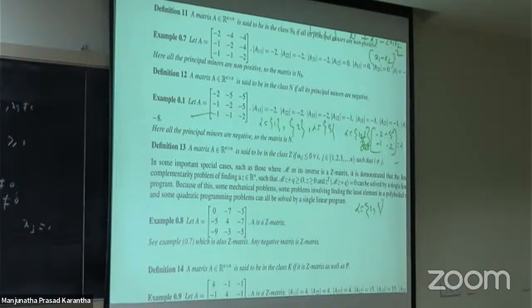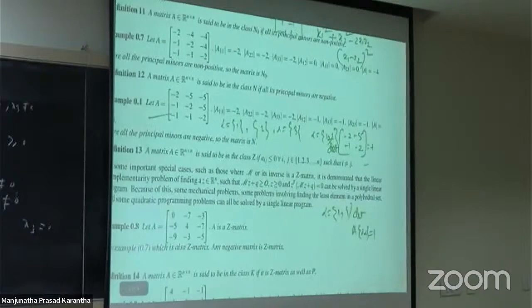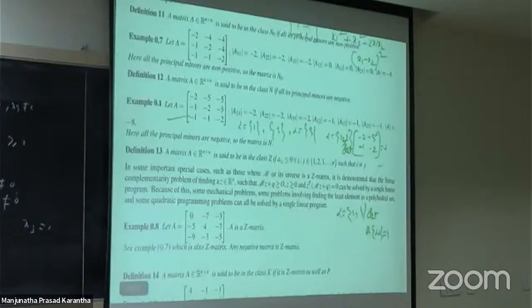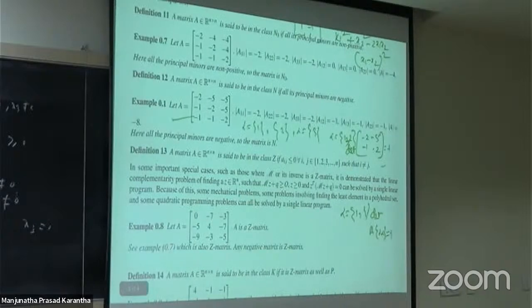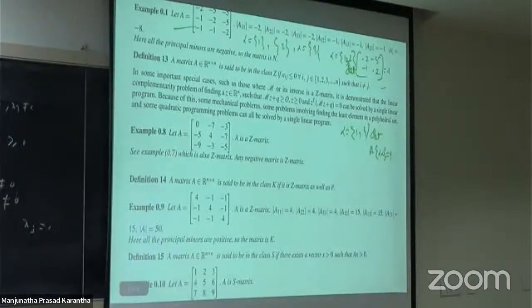Similarly, 2, 2 is also the same. And the determinant of A is minus 8. So all are negative. Understood? N-naught matrix, understood?